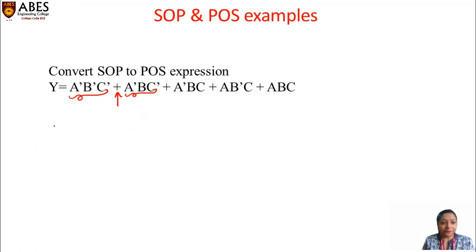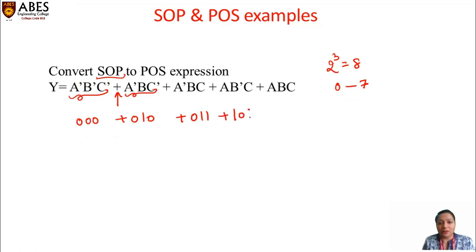Let us see. Now, as we know that it is a three variable Boolean expression, so in total there will be 8 possible combinations from 0 to 7, right? So this is sum of product. Now we can find out the min terms from this expression, that is 0, 0, 0 plus 0, 1, 0 plus 0, 1, 1 plus 1, 0, 1 plus 1, 1, 1.